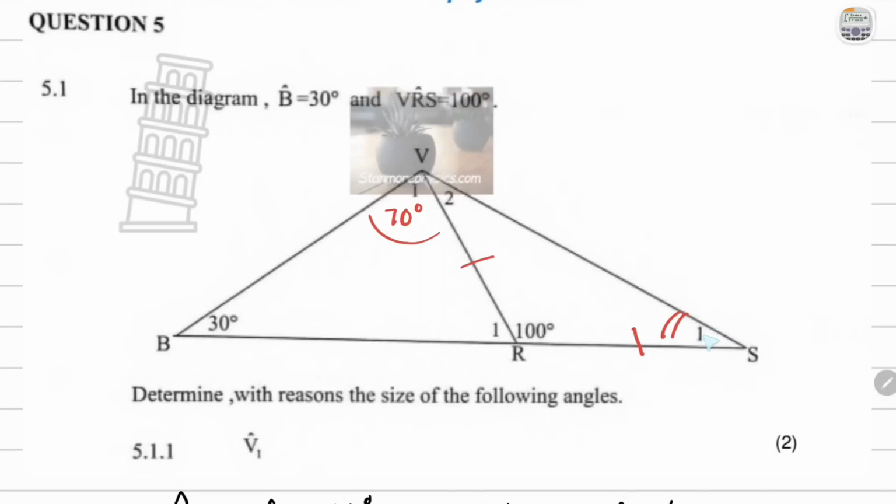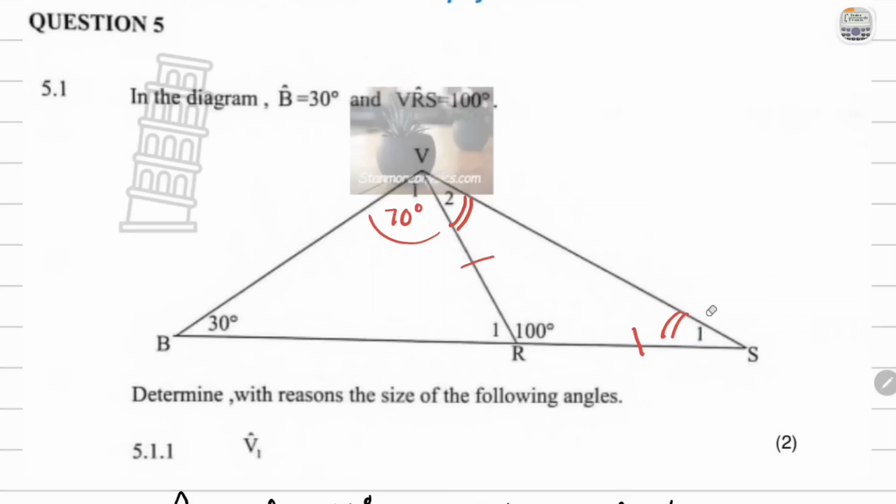Well, we can see that angle S1 would be equal to angle V2. Okay, since these two lines are equal, the angles opposite those equal sides will also be equal. And we have 100 degrees. So we know that all of them should add up to 180 degrees, but these ones are exactly the same. So instead of calling this angle V2, because they are equal, we'll just call them angle S1. Here's what I mean.